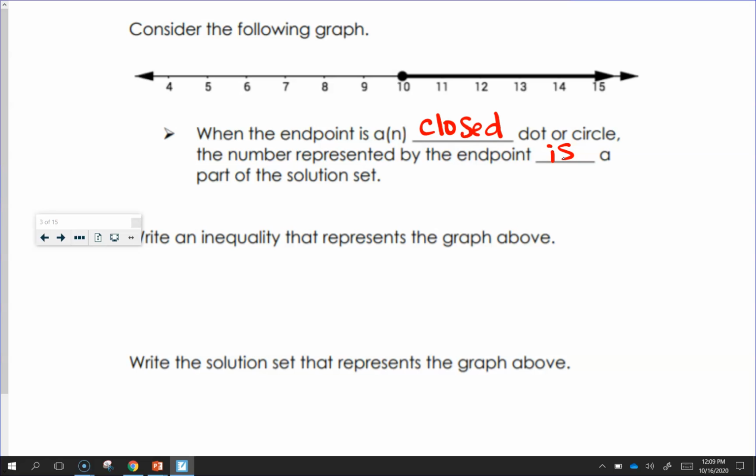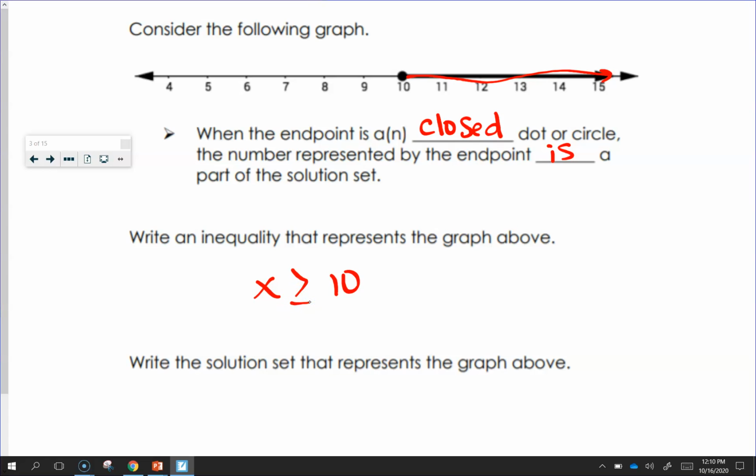All right, write an inequality that represents the graph above. It's something with an x and something with the 10, right? Are all of the x's on this arrow greater than or less than 10? They're greater than 10. So my x's are getting bigger, so my alligator's going to eat my x. Are they equal to 10?